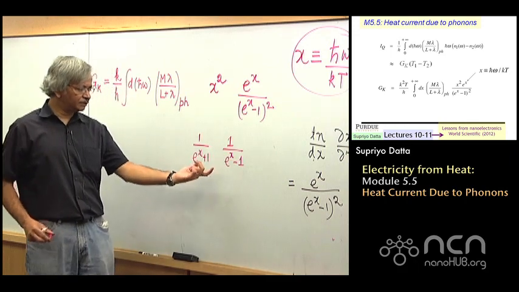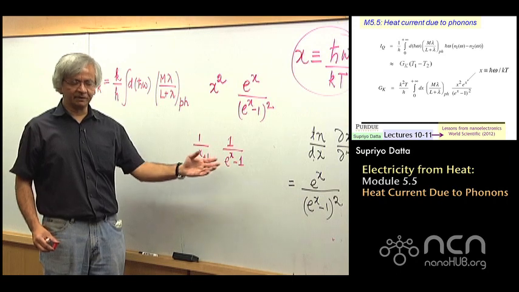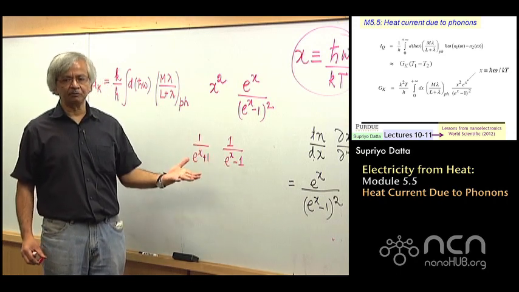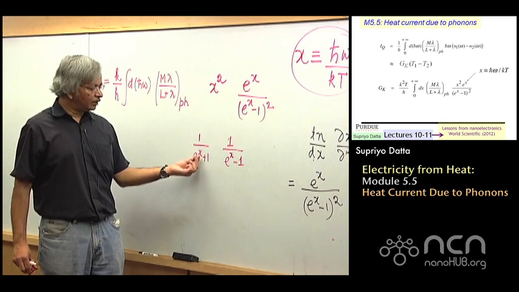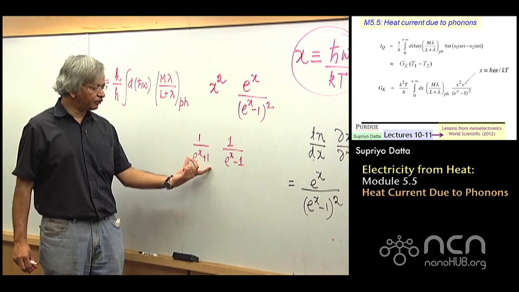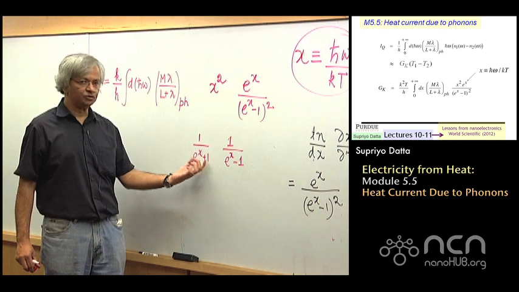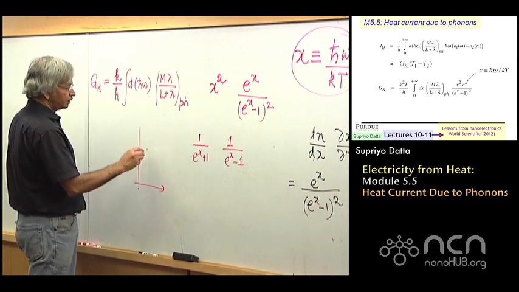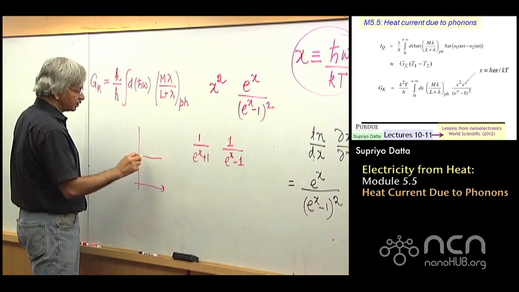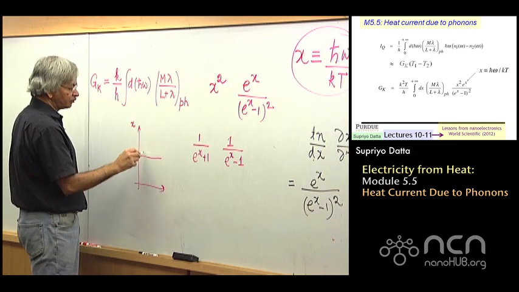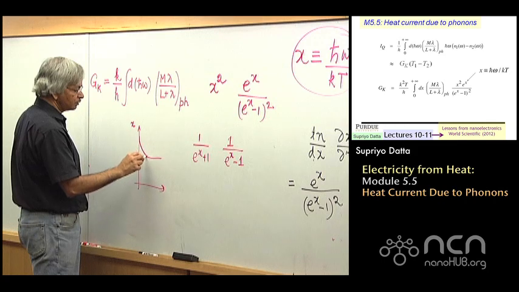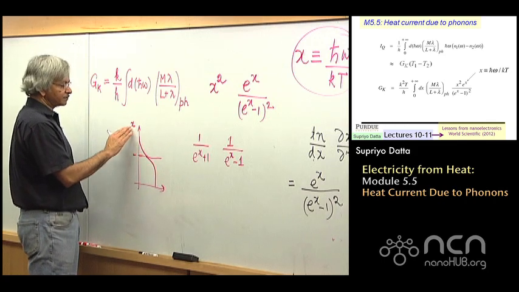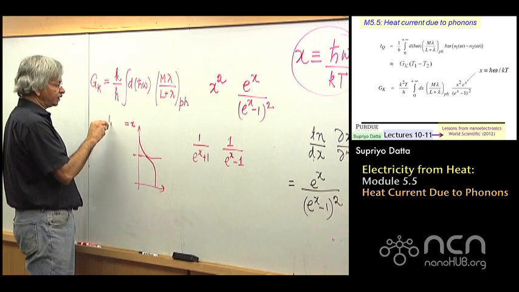Now, just looking at it, it looks like a minor difference, but that of course means there's a major difference when you actually try to plot it, because when x is equal to 0, the Fermi function is just 1 divided by 2, that's half. So when I plot the Fermi function, around x equals 0, it will actually just go to half. That's the Fermi function, x being E minus mu over kt.